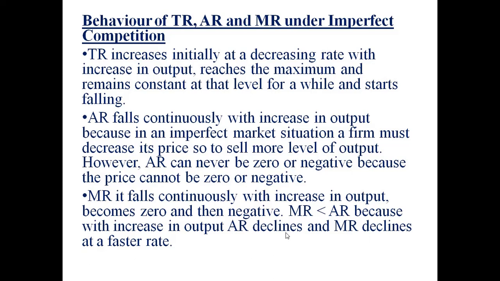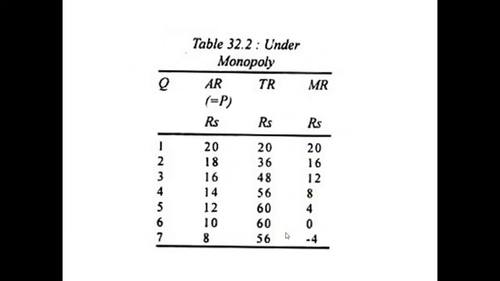Why does this happen? Let us see this out here. Total revenue, you can see, is increasing previously: 20, 36, 48, 56, 60. It will remain constant. But again, now it will start falling down.